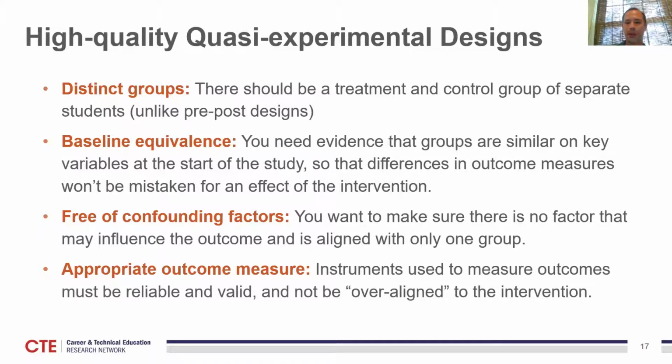As an example, an outcome can't be over-aligned with the intervention. When outcome measures are closely aligned with or tailored to the intervention, they can give an advantage to the intervention group.